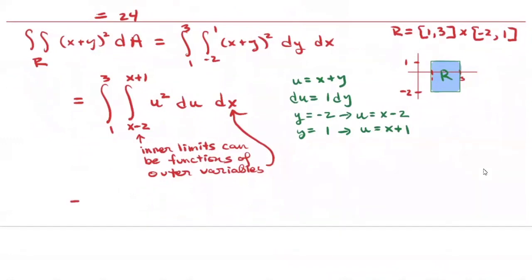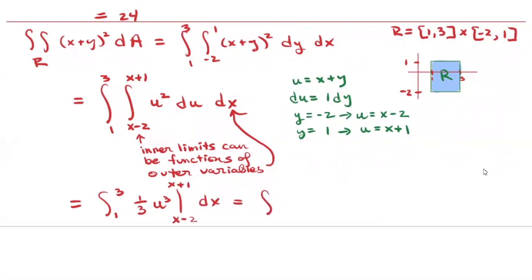So here I get the integral from 1 to 3 of 1/3 u^3, but now u is going to go from x - 2 to x + 1, and then there's a dx. So in the end, this is just an integral in x.